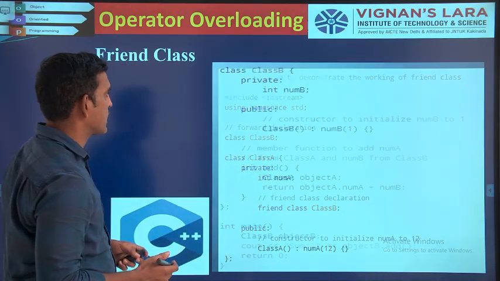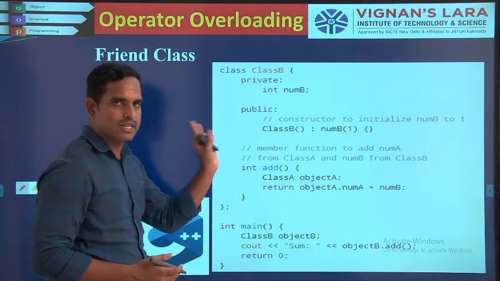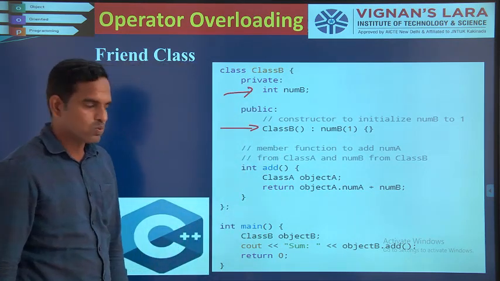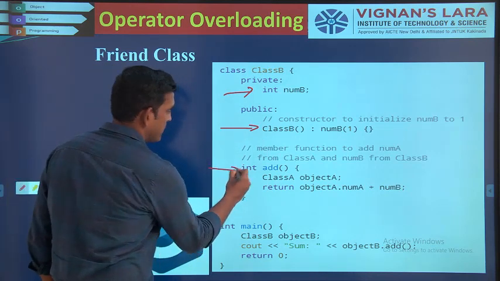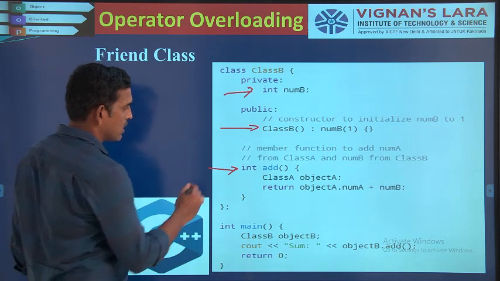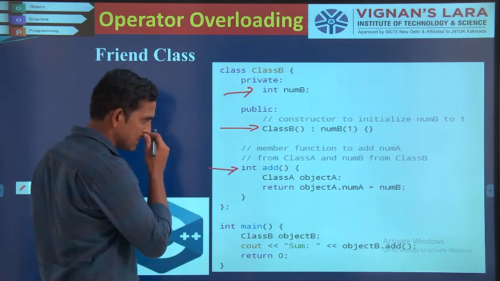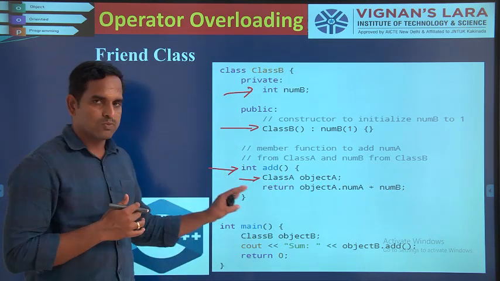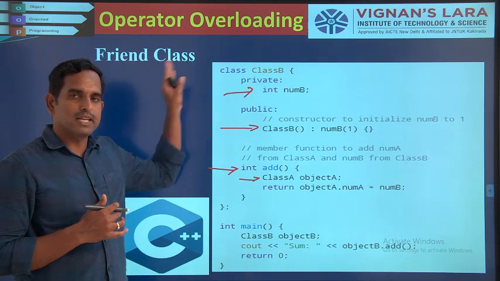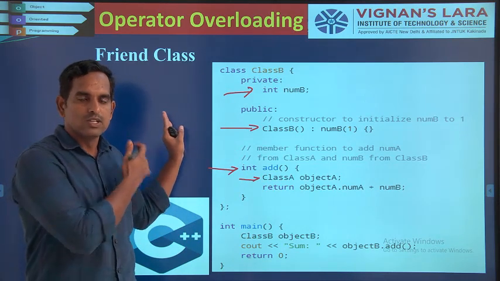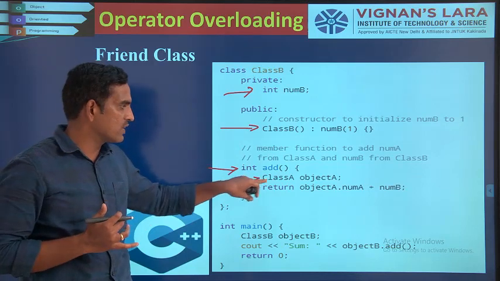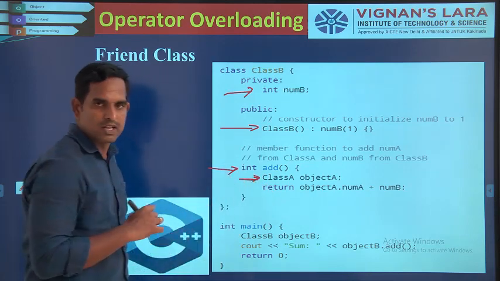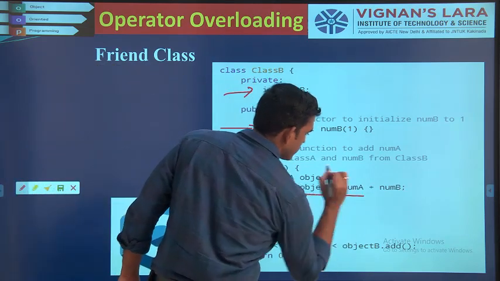Then we have defined our class B. Inside class B we have one private variable numB, initialized to 1, and we have made one member function, the addition function, in class B. Inside that I am creating one object of class A. You can create the object here because class B is a friend of class A, so it can use all the properties of class A. After that, I have taken object.numA.